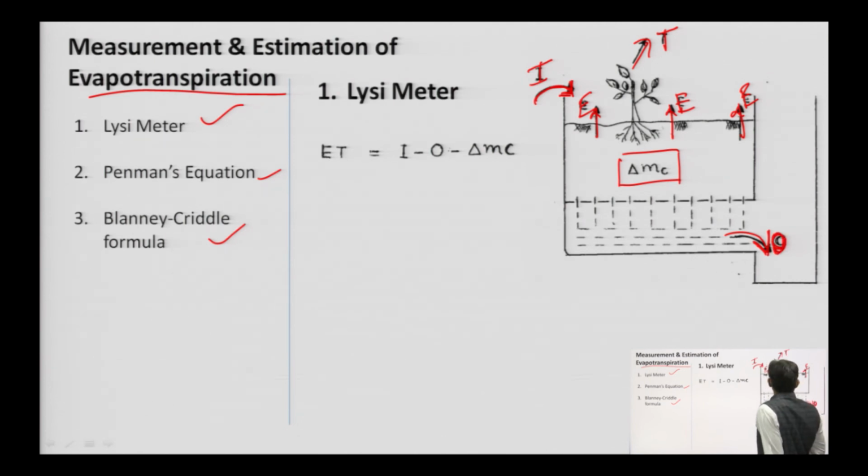Now, using the water balance equation, we can calculate evapotranspiration.